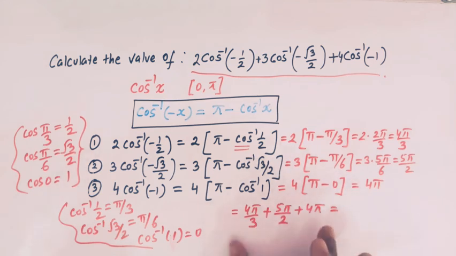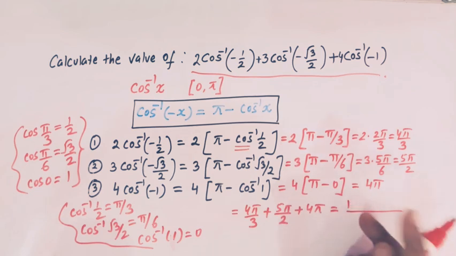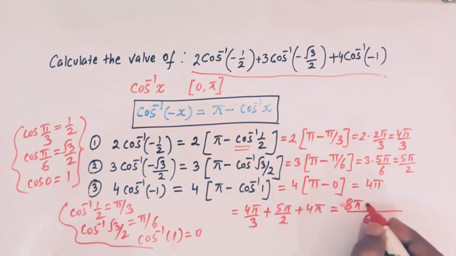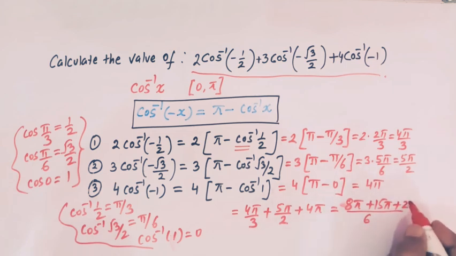Now it is easy to find the sum of these three terms, so we can take 6 as LCM. So here we have 3 2s are 6, 2 4s are 8 pi, so we have 8 pi, then 2 times 3, and 3 5s are 15 pi, and then we have here 24 pi, right?